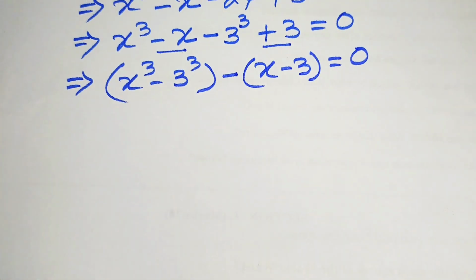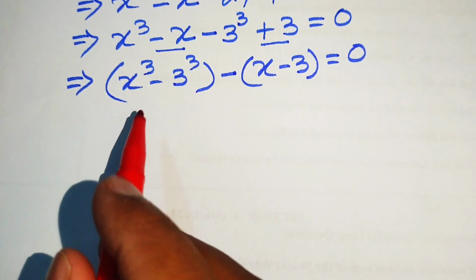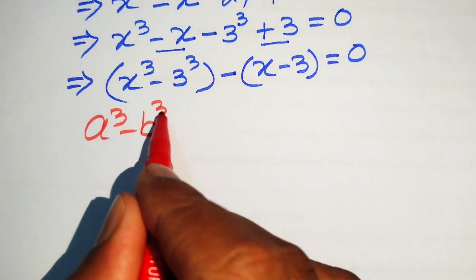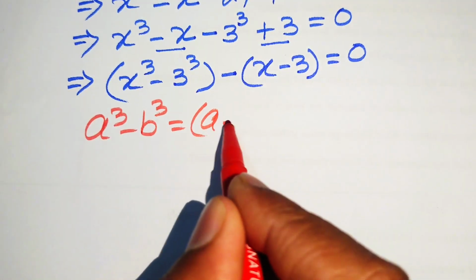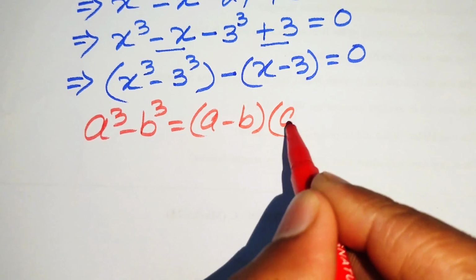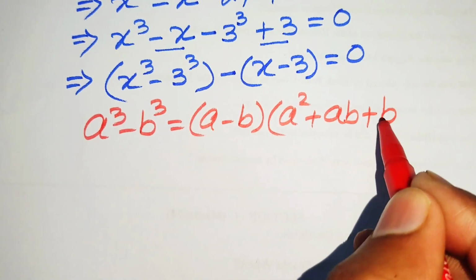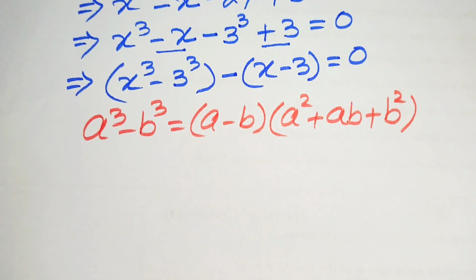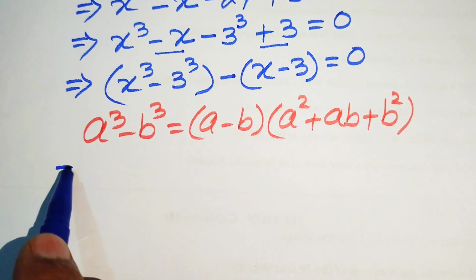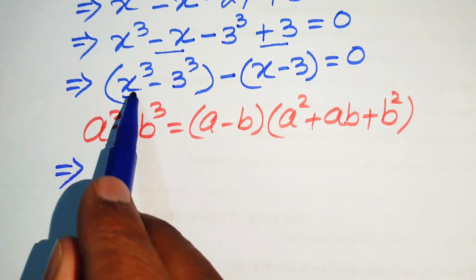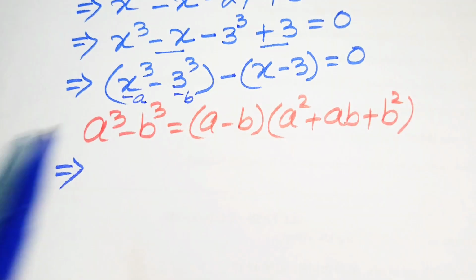Now in the next step, we see that we have x cubed minus 3 cubed, so we apply the nice cubic formula. You know that a cubed minus b cubed equals a minus b times a square plus ab plus b square. So we apply this formula to the above equation, where our a is x and our b is 3.